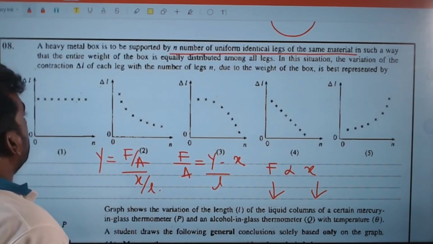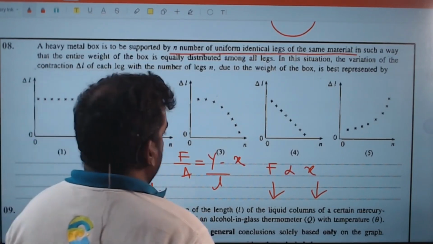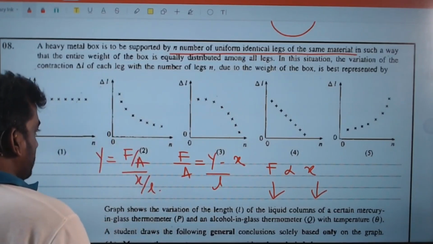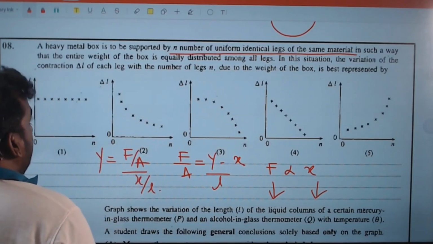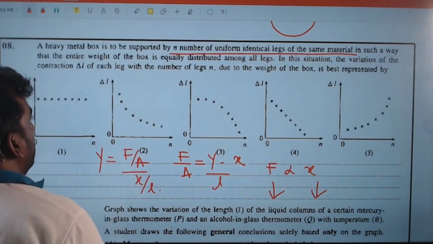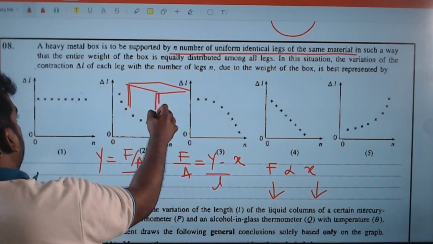Yeah. So can we say it's a linear variation? So what's happening here is I'm increasing the number of legs in a table.